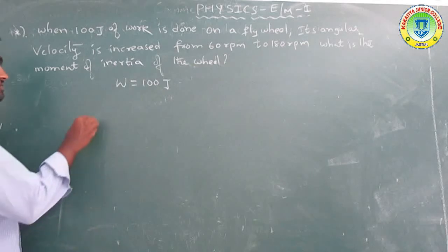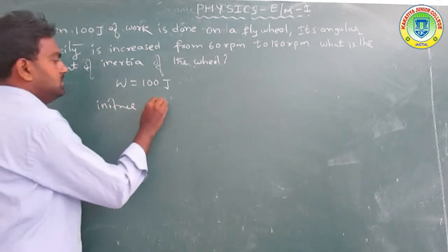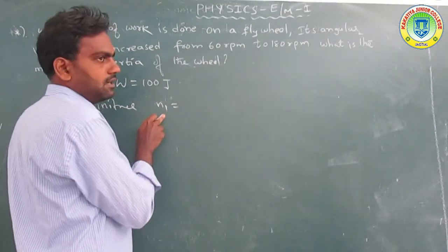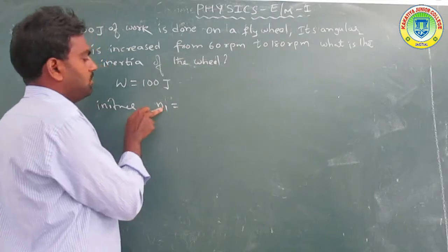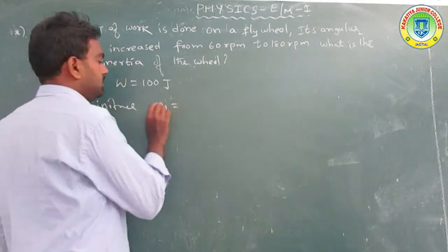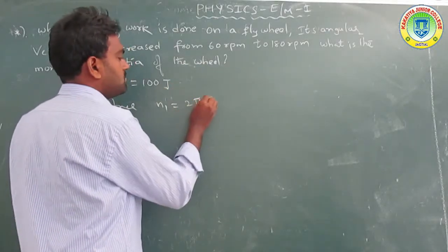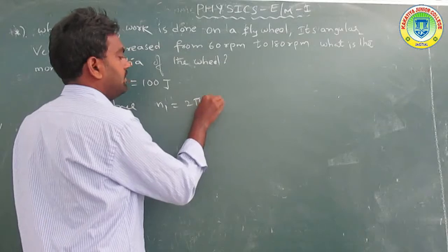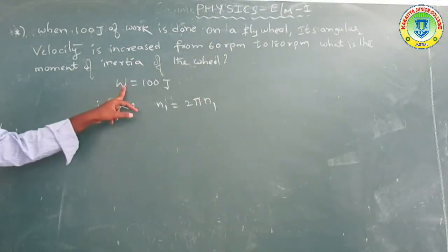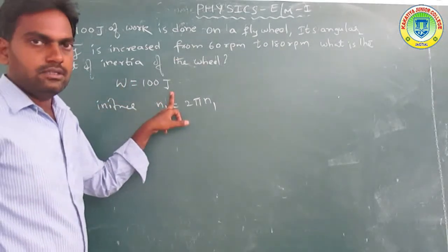First of all, the initial frequency is n1, and the angular velocity is 2π n1. We take W equal to 100 joules.